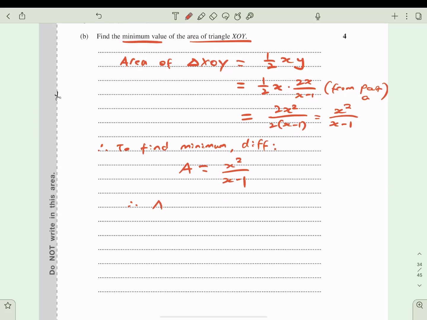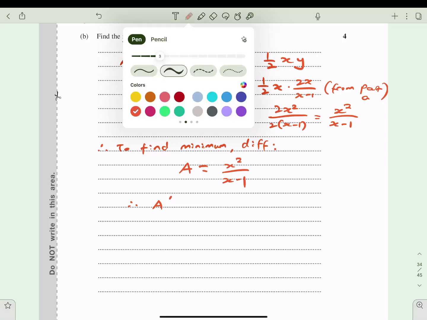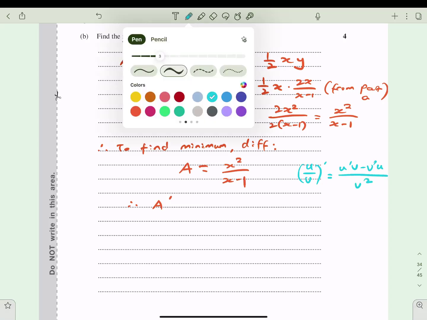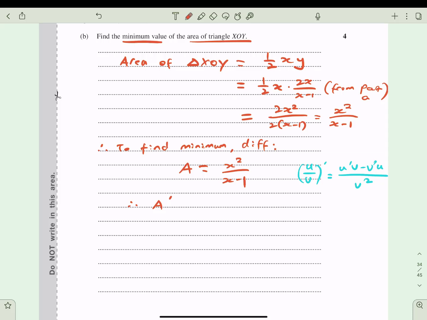Therefore, for A dash, we're going to have to use the quotient rule. Recall from the quotient rule that (u over v) dash equals u dash v minus v dash u, over v squared. So A dash is going to equal the derivative of x squared times x minus 1, minus the derivative of x minus 1 times x squared, over x minus 1 squared.